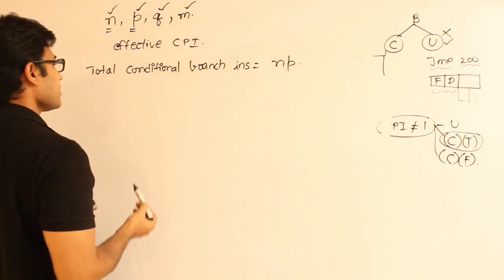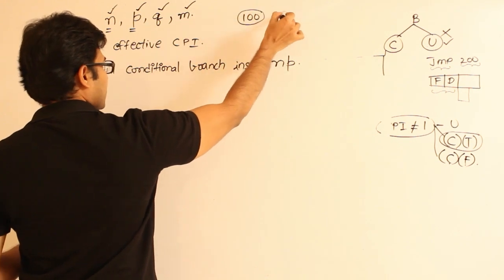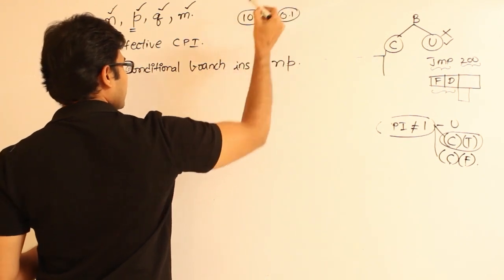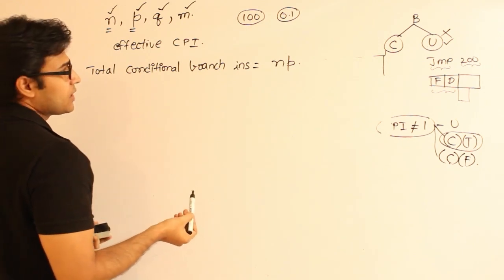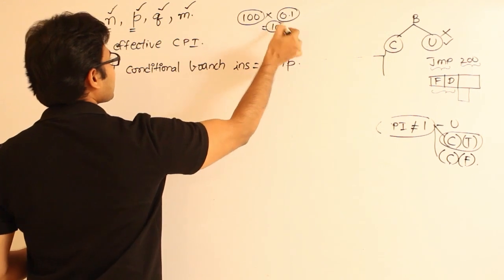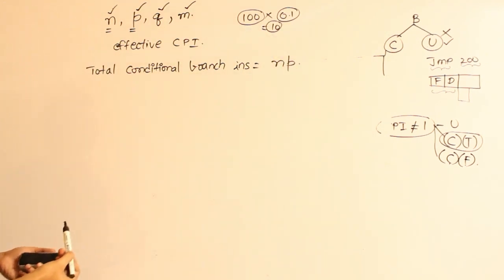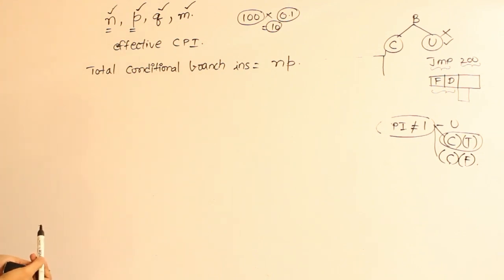So if you want to understand it numerically, let us say there are 100 instructions and 0.1 is the probability with which an instruction can be a conditional branch instruction. Then how many conditional branch instructions will be there? You multiply them, which is nothing but 10. That is what I am writing here. Got it? The total number of conditional branch instructions is n into p.